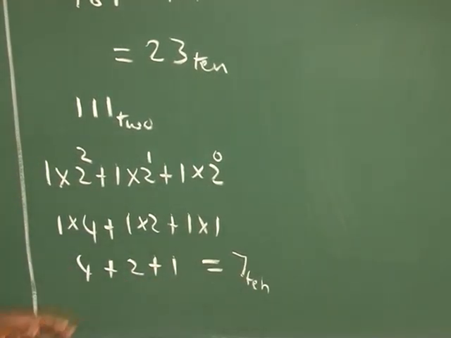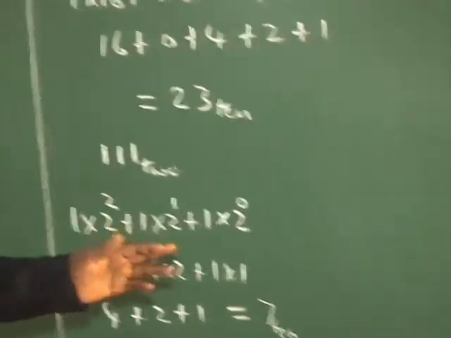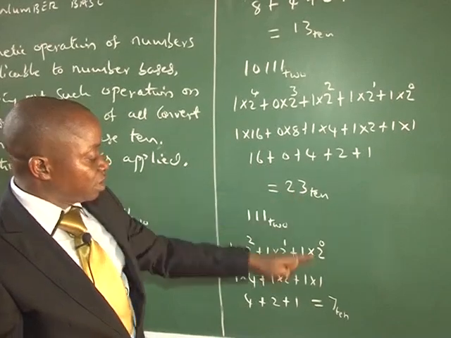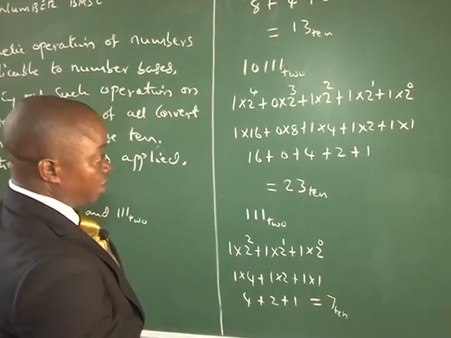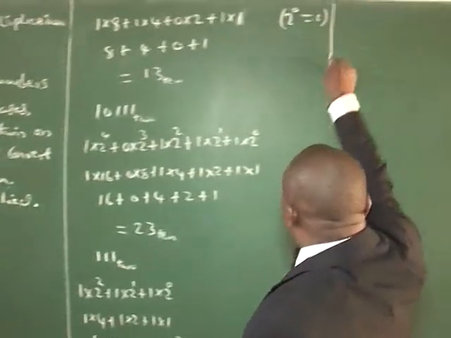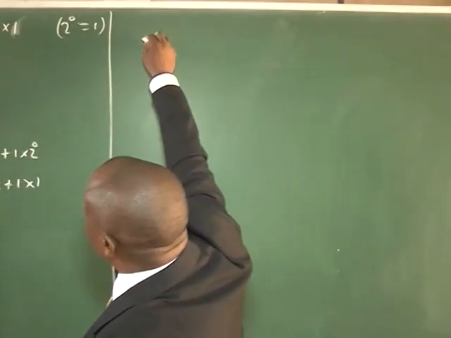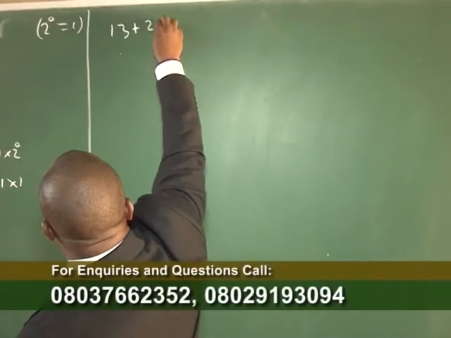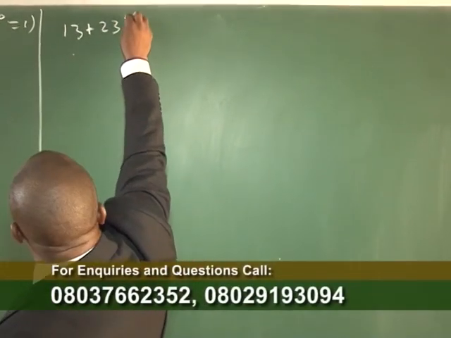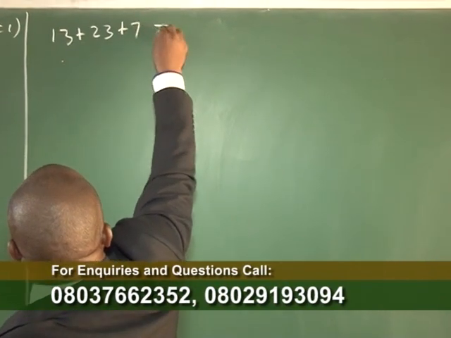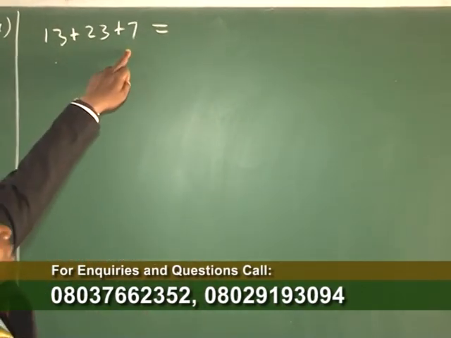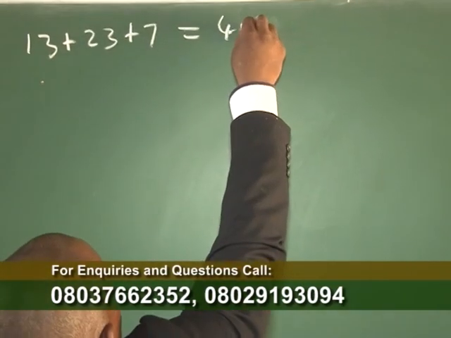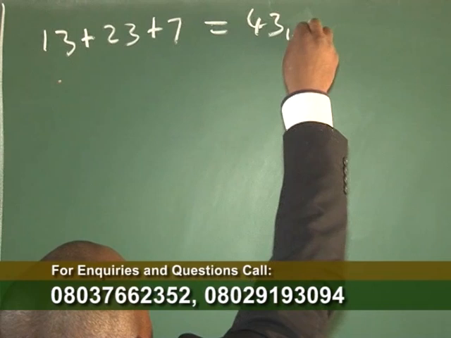So, we are going to add this and this and this. That is, we are going to add 13 plus 23 plus 7. Now, 23 plus 7 is 30, plus 13 gives us 43 to base 10.